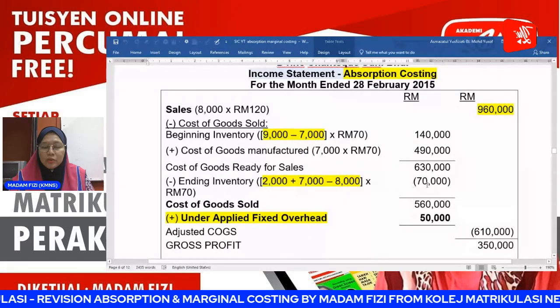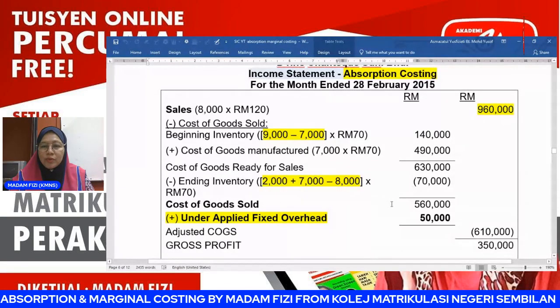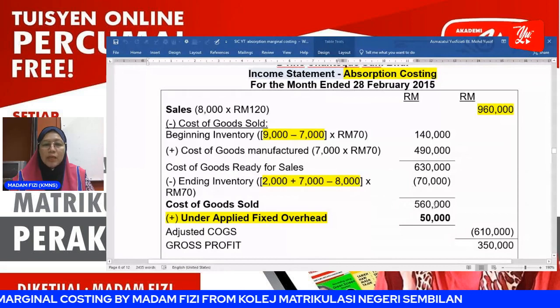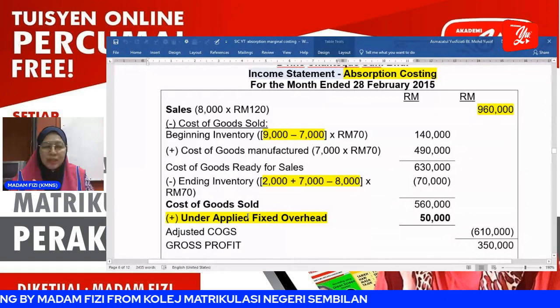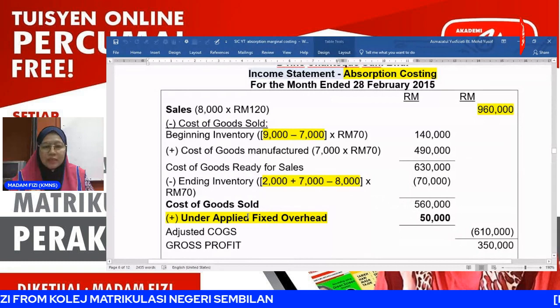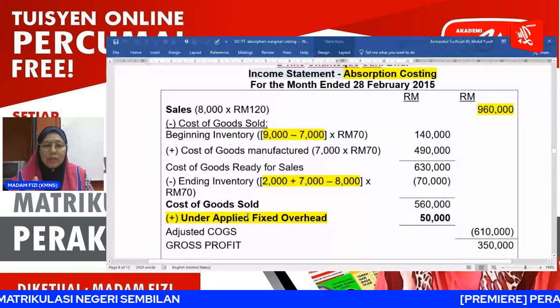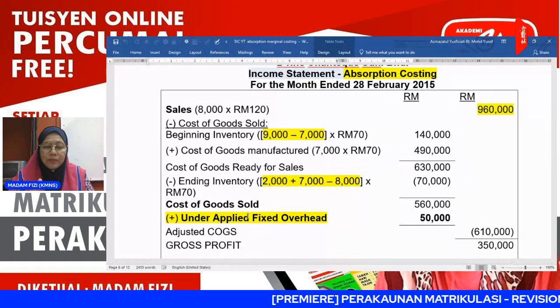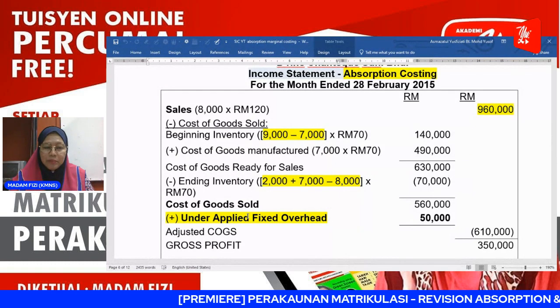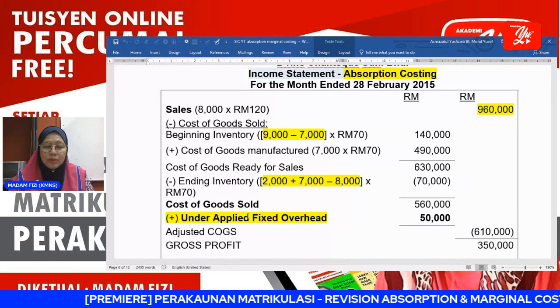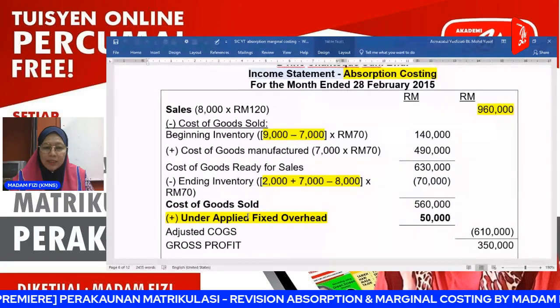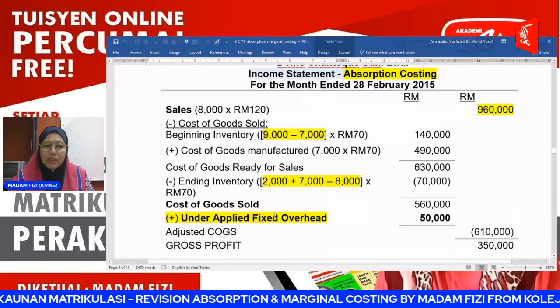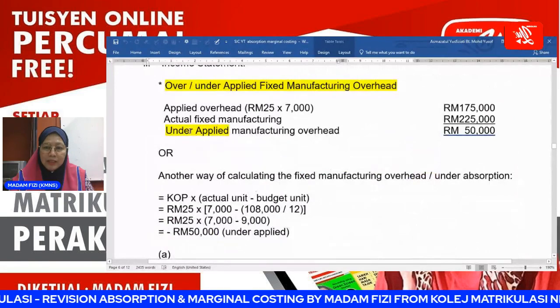So cost of goods sold equals to 560,000 plus, okay, just now we calculated the under applied fixed overhead. Right? Okay, if under applied, we have to add. If over applied, we have to deduct it back. Okay, so just now we calculated, what did we get? Under applied.